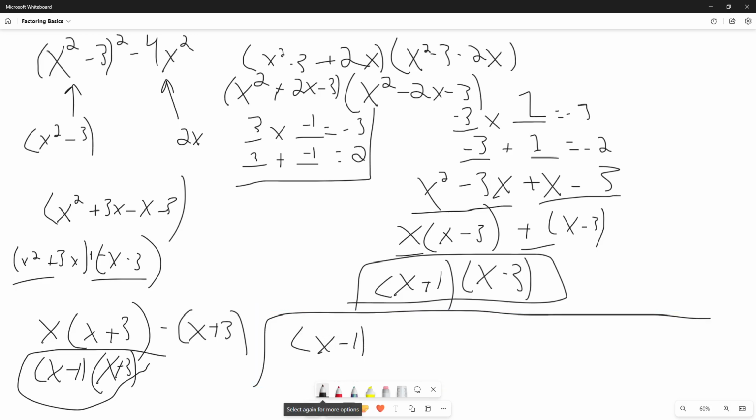And now here we have an x plus 3. This is all coming from the first term of x squared plus 2x minus 3. And then we have the other one, x plus 1 and x minus 3. So this is your final answer.